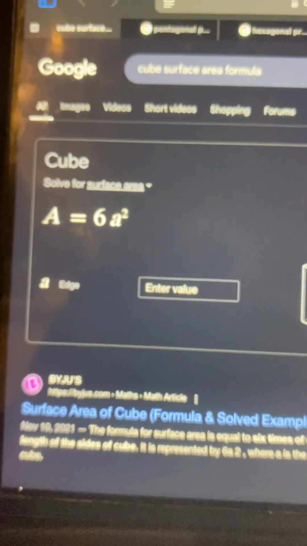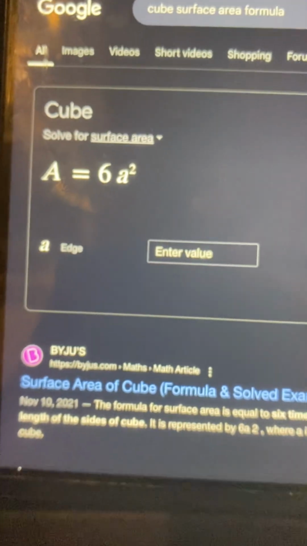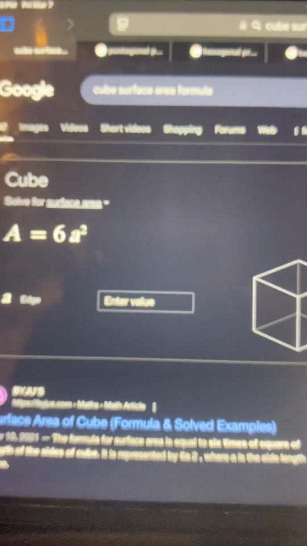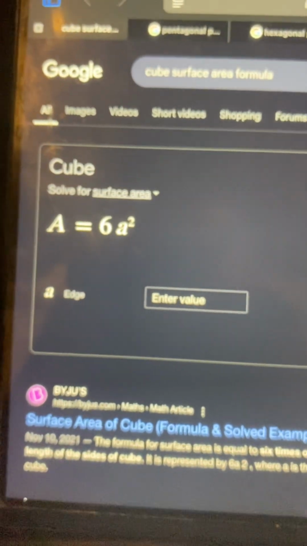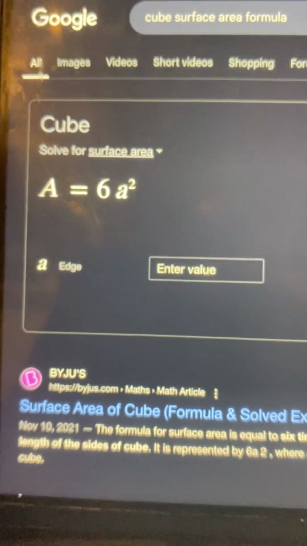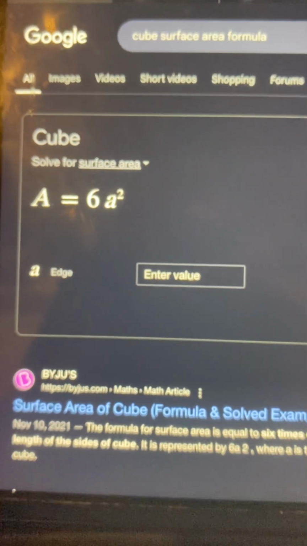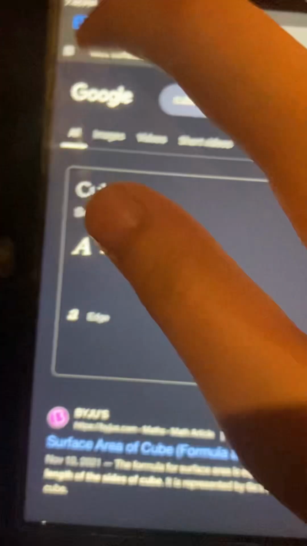The basic understanding of all prisms and how to find the surface area of all of them. So, the surface area of a cube is the easiest, because it only requires one measurement, which is the edge, as in a as the edge. So the surface area of a cube is 6a squared. I don't think that should be too hard for you, especially if you've practiced.